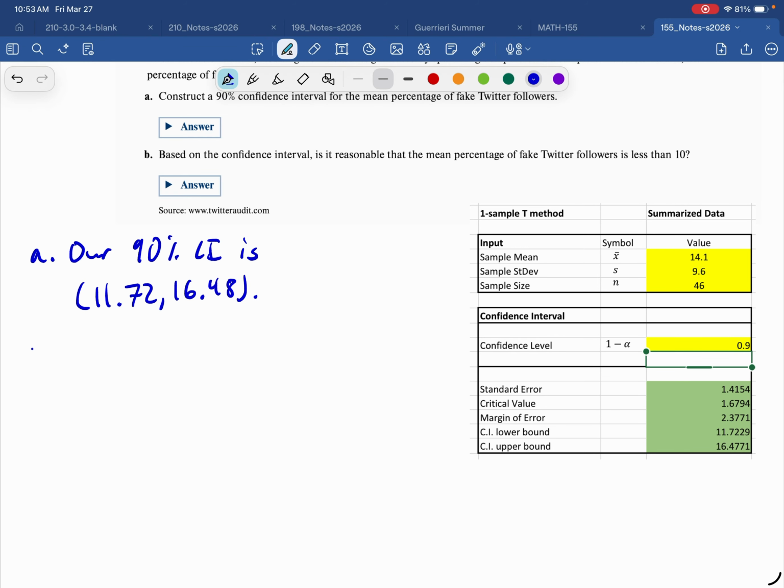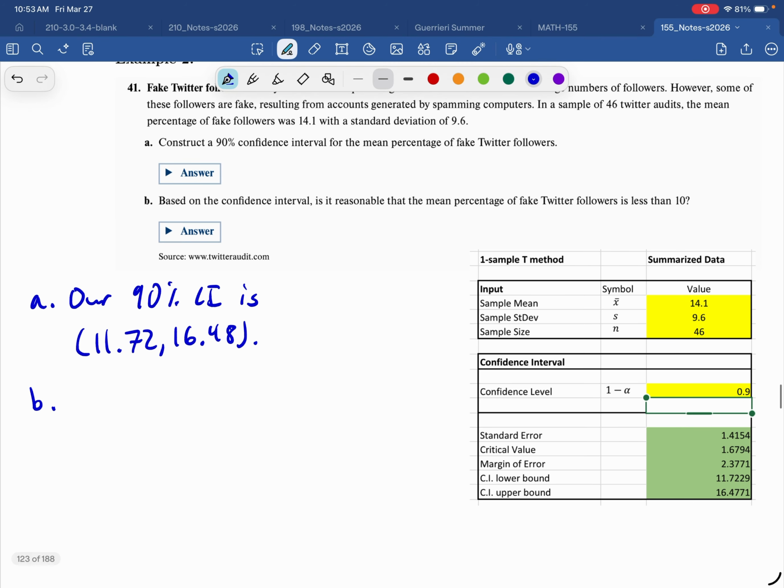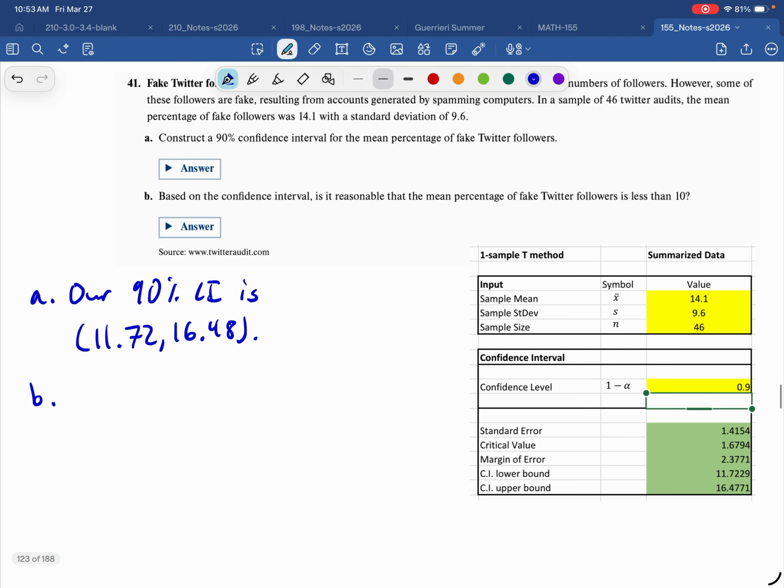All right, there you go. And based on the confidence interval, is it reasonable that the mean percentage is less than 10? What do you think? No, it's not reasonable.